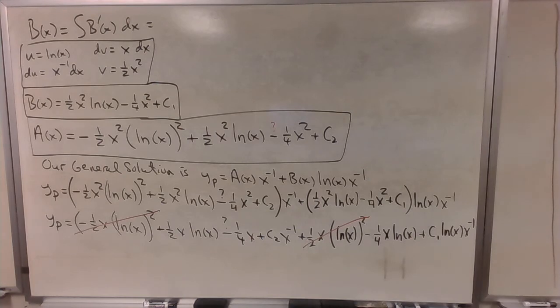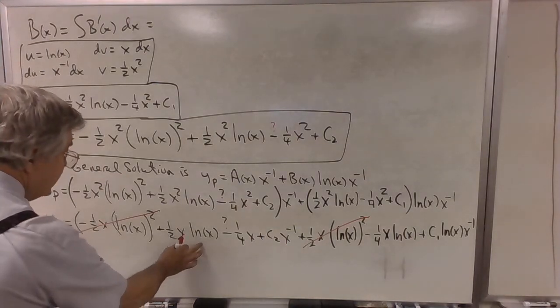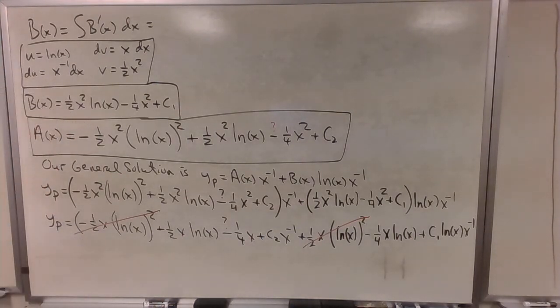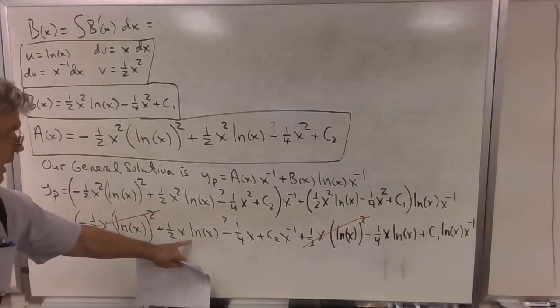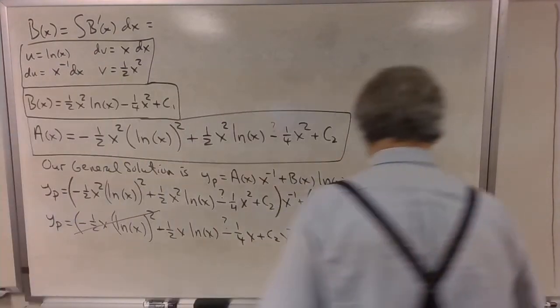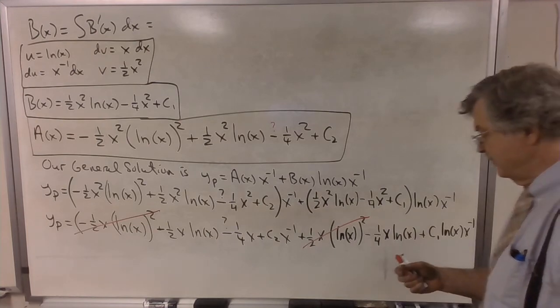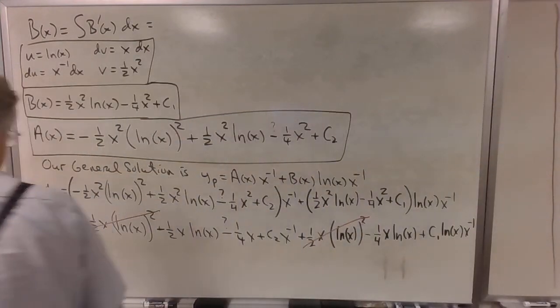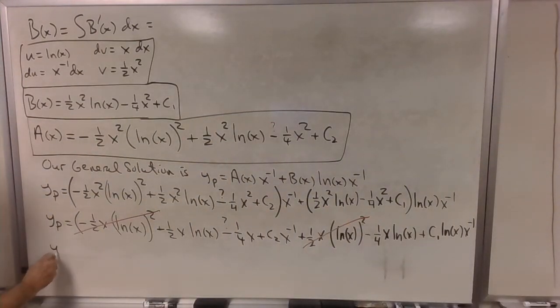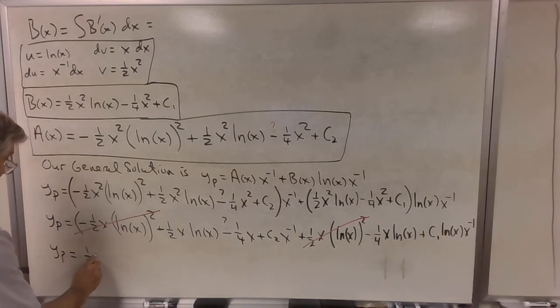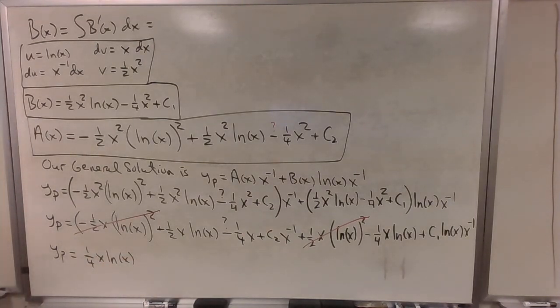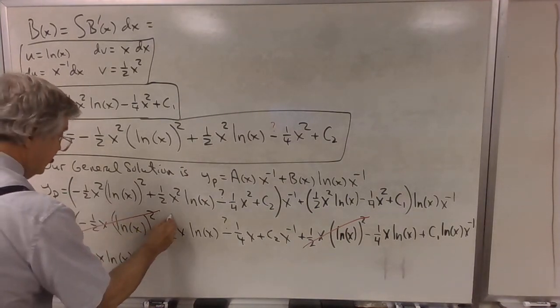So let's see. These are like terms, just different coefficients. 1/2 minus 1/4. So that's going to be 1/4 x natural log of x. So that takes care of this.